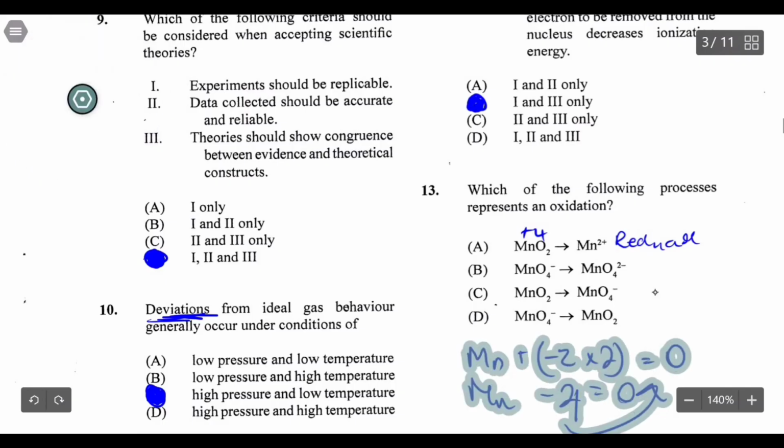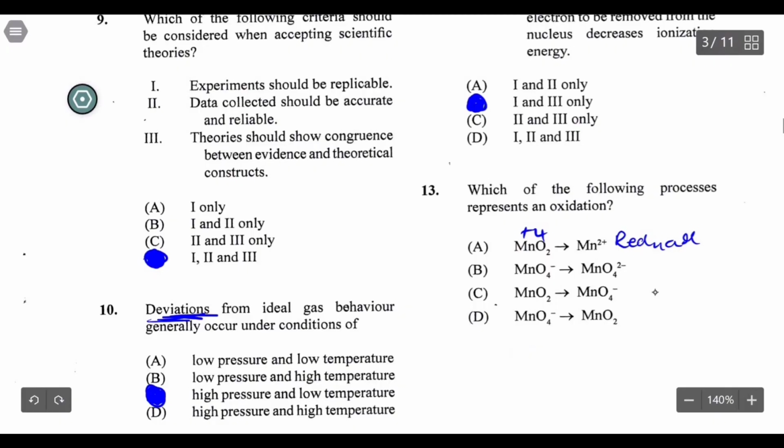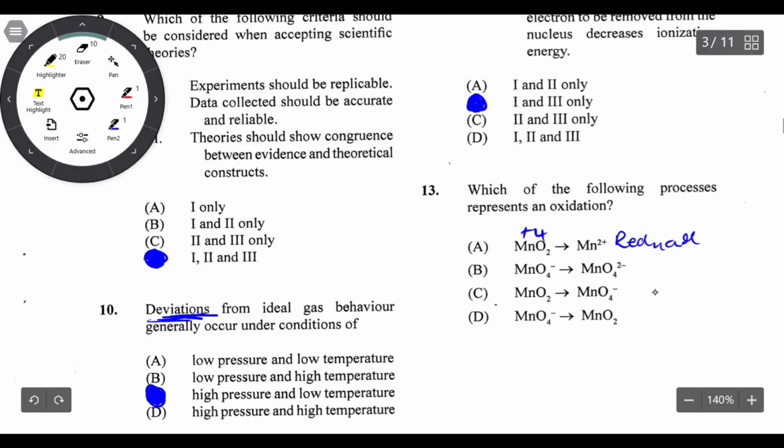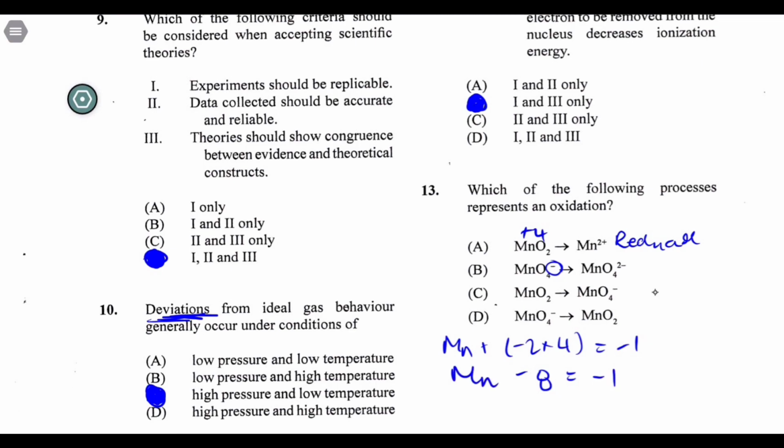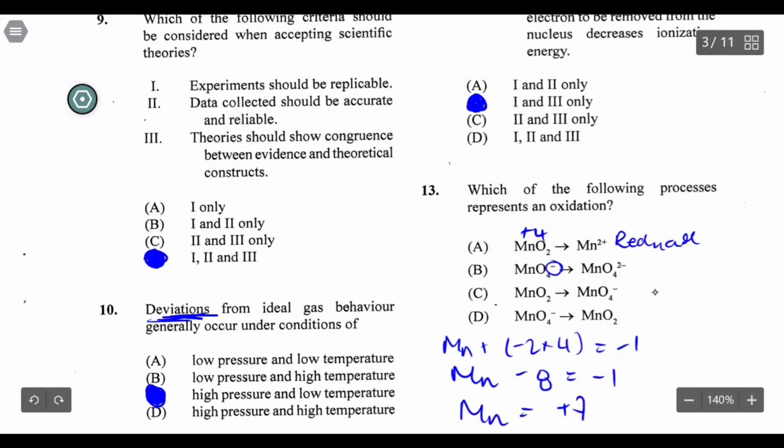Okay, so let's work out Mn in this. MnO4: Mn plus minus 2 times 4 is equal to minus 1, since this has a charge. 2 times 4 is 8, so Mn minus 8 is equal to minus 1, which gives you plus 7 for Mn.